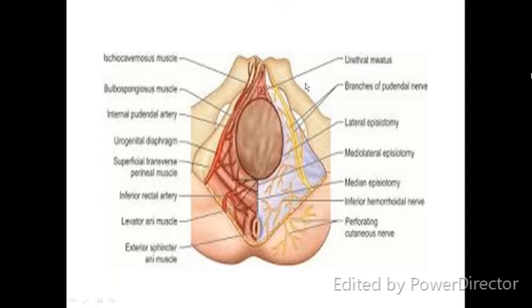Okay, and the pudendal nerve. These are branches of the pudendal nerve, cut when you are going laterally. These are the nerves and these are the vessels. So when you are giving a mediolateral episiotomy at 45 degrees, the branches, not the main pudendal artery, but the branches of the pudendal artery and the pudendal nerve will be cut.